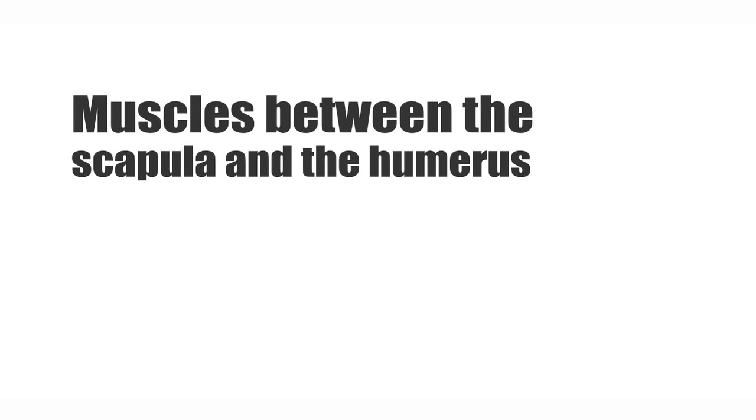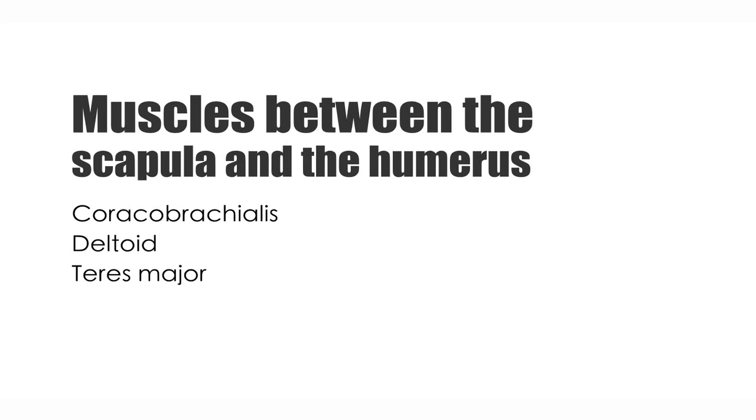They can also be included in other groups if we define their function and innervation and so on. But on this list specifically, I will include the coracobrachialis, which sometimes can also be listed as an upper arm muscle. The second one will be the deltoid, and the third one, the teres major.